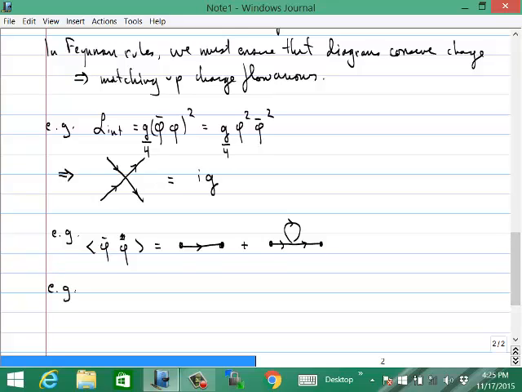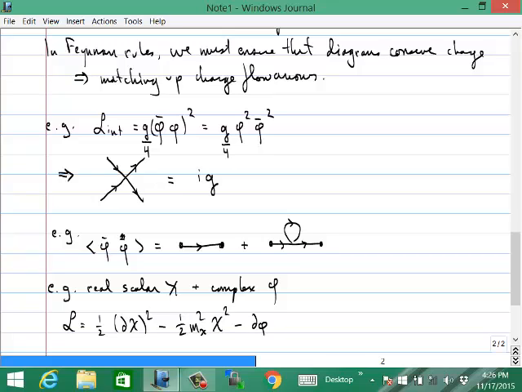We could consider a second theory of a real scalar chi coupled to a complex scalar phi, and we could take, say, the usual action for our real scalar field chi and for our complex scalar phi, and then we could add an interaction term. And so let's add a term of the form chi phi squared.